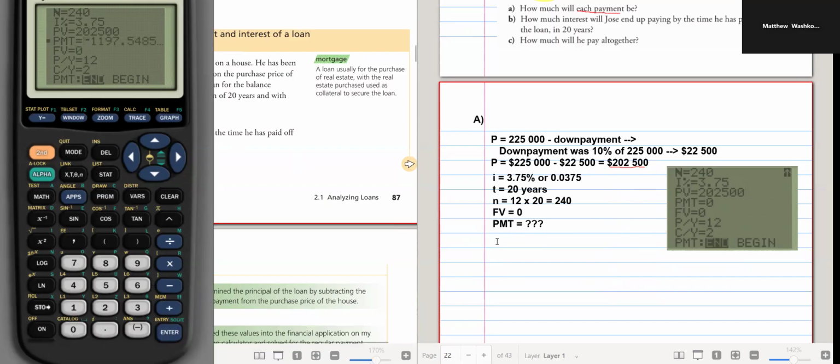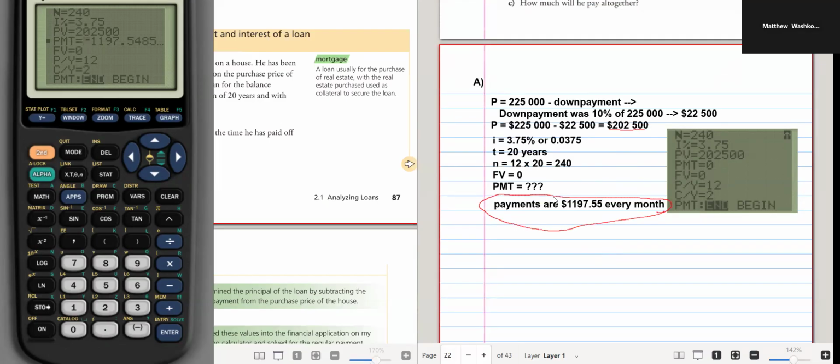So my payment in this case is $1,197.55 every month. So that is my payment here. Now I want us to think about that. That's how much the payments are.